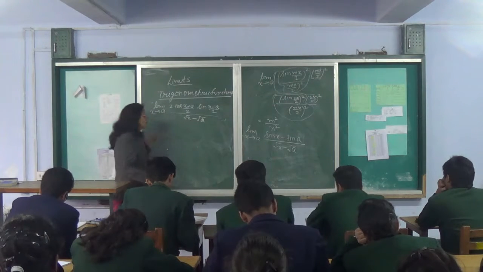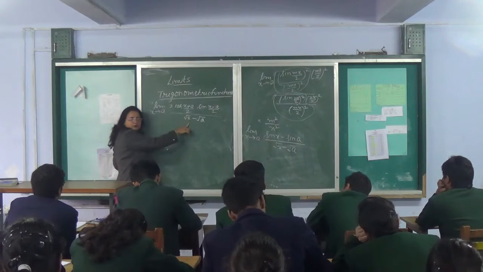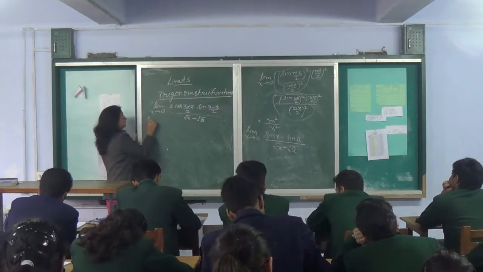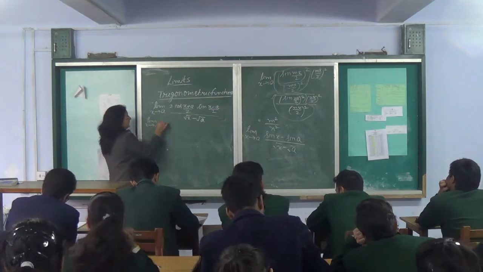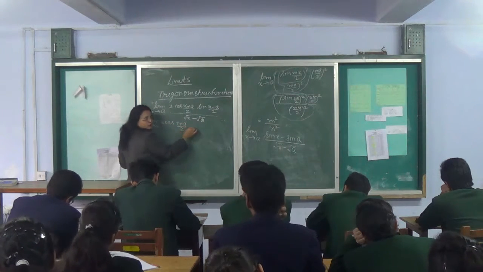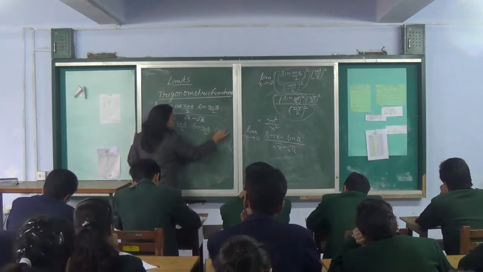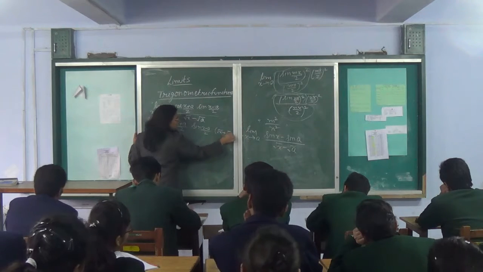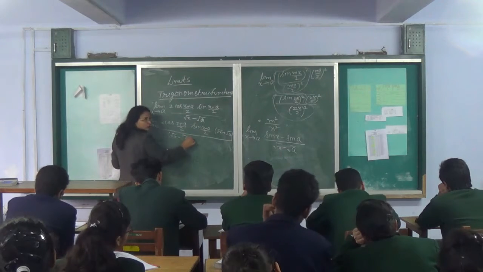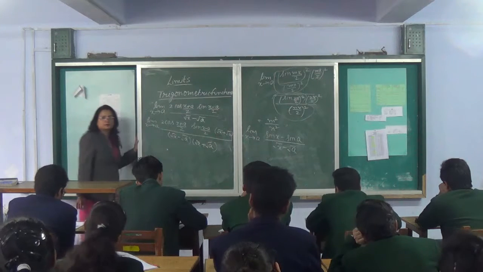So how will we remove it? Now you can't factorize this, but we have the possibility of rationalization over here. So this is limit x tending to a, 2 cos((x plus a)/2) into sin((x minus a)/2), multiplied by root x plus root a upon (root x minus root a) into (root x plus root a).